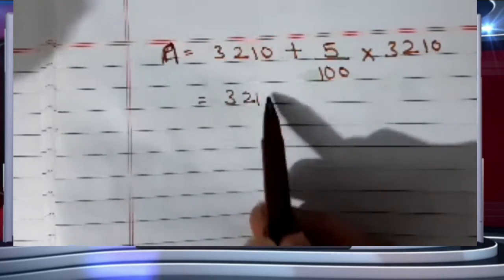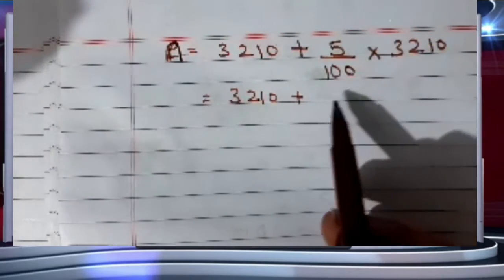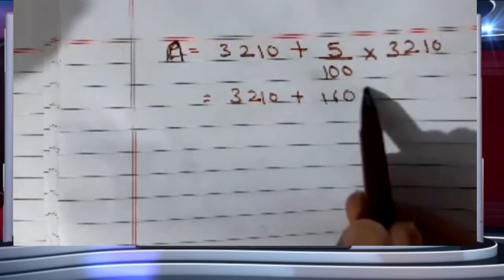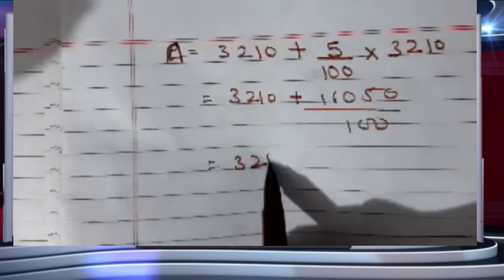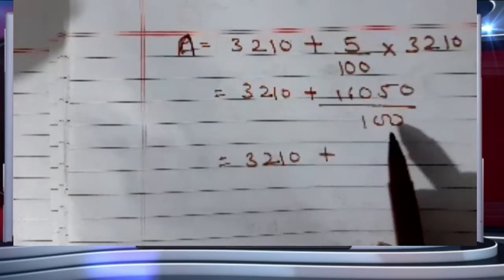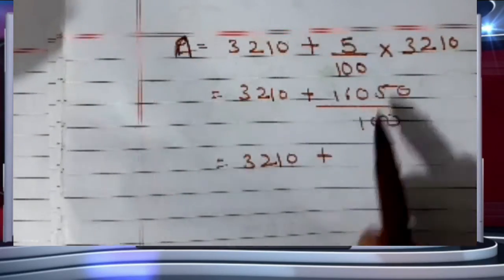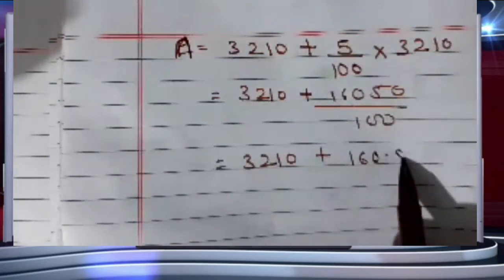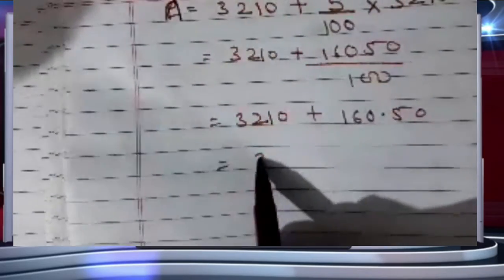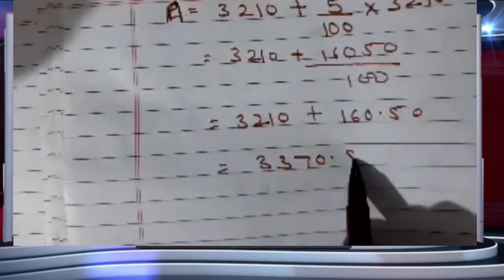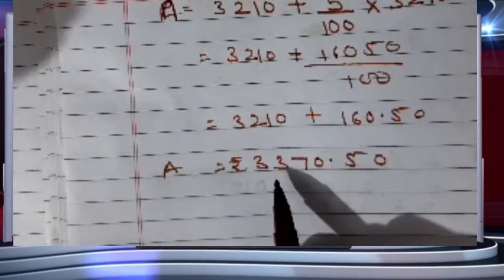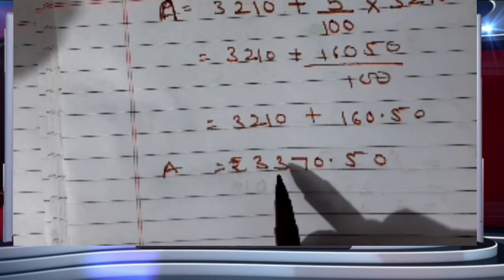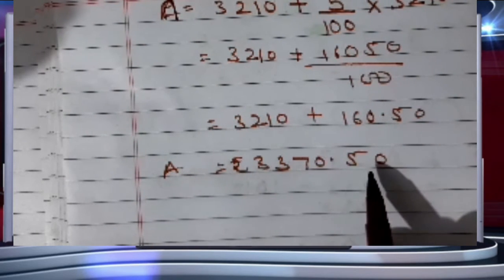Now 3210 plus, you solve this and you will get 16050 upon 100. To divide by 100, I put a decimal point, so it is 160.50. Now add both, you will get 3370.50. So amount is equal to rupees 3,370 and 50 paisa.